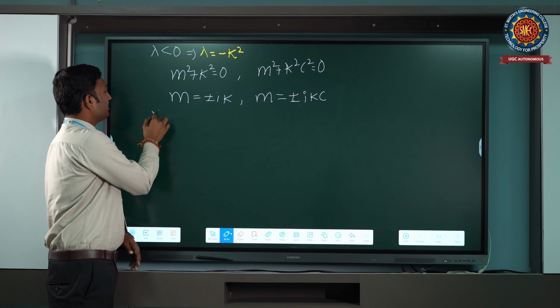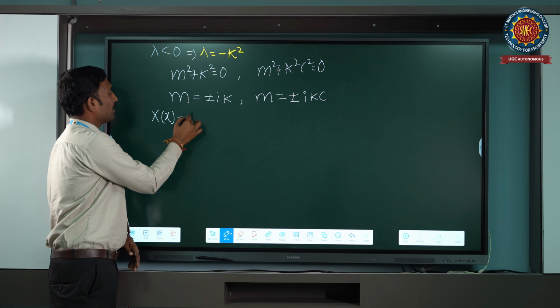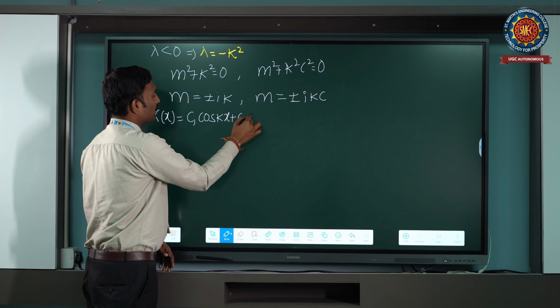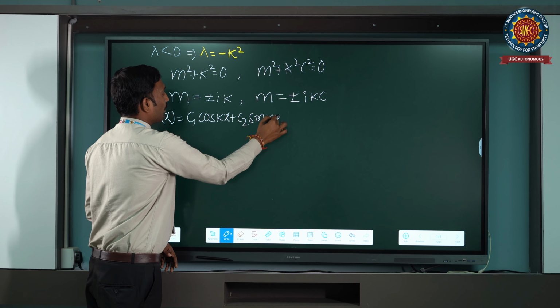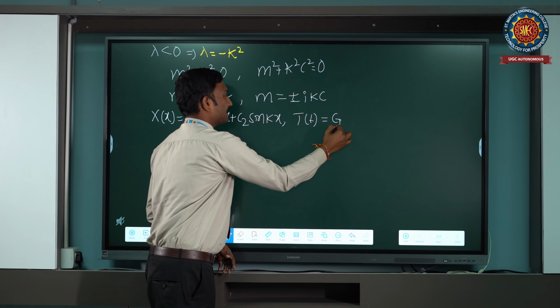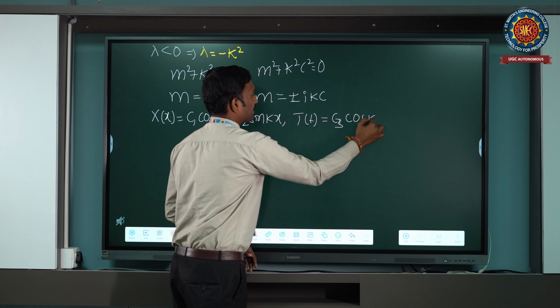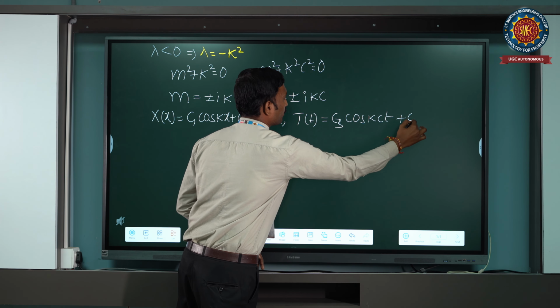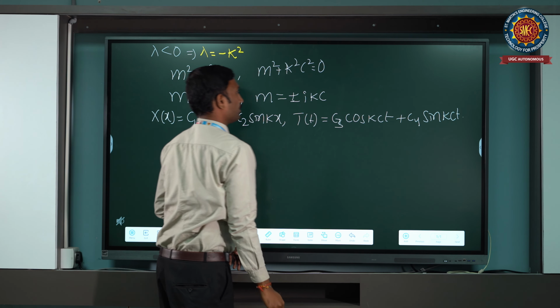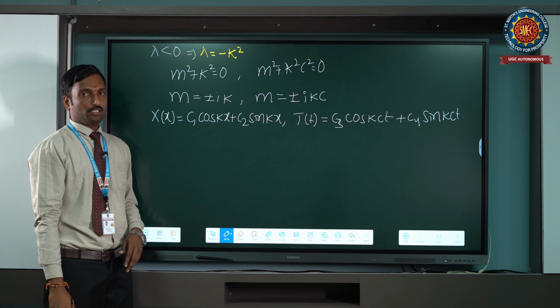So we can write the solution of X(x) as c1 cos kx plus c2 sin kx. The T(t) solution is c3 cos kct plus c4 sin kct, which becomes the solution of the equations.